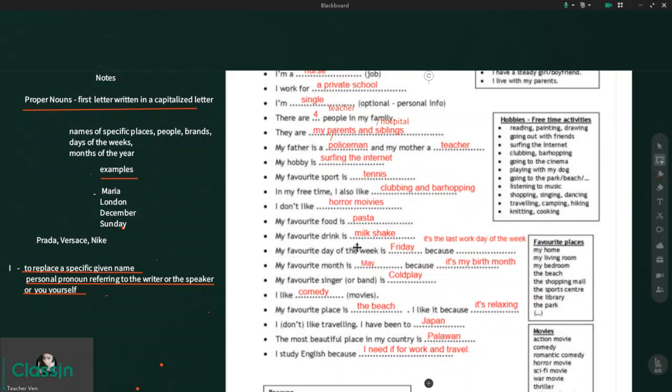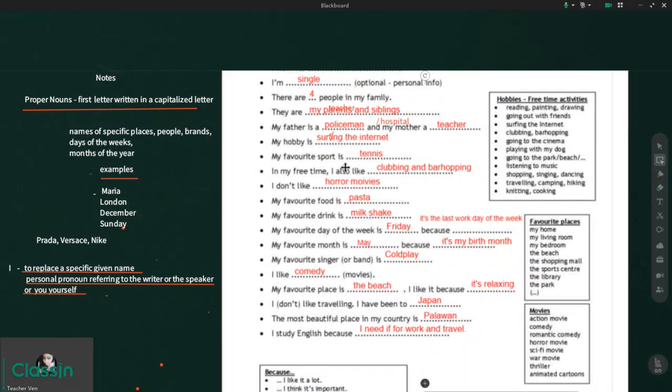For the next one, my favorite sport is, and here it's written tennis. If you are not into tennis, maybe you are into basketball, just write it down in your personal data sheet. For example, my favorite sport is swimming.